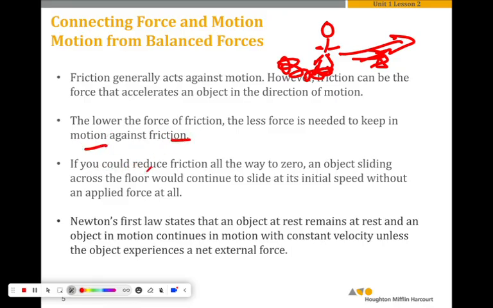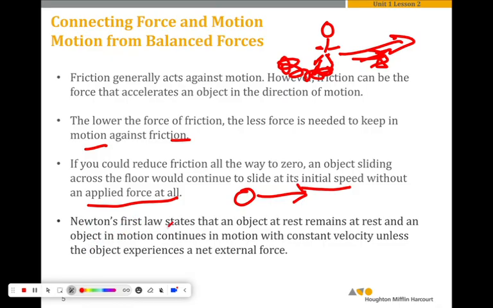If you could reduce friction all the way to zero, an object sliding across the floor would continue at its initial speed without an applied force at all. It would just keep going, like a hockey puck, maybe. Pew! It would just roll to the end of the hockey court, hockey rink, hockey field, whatever.